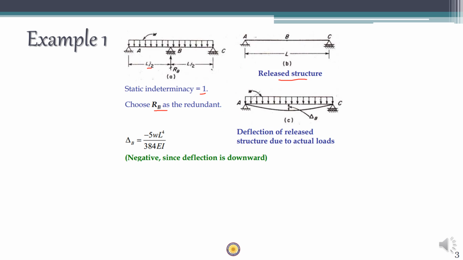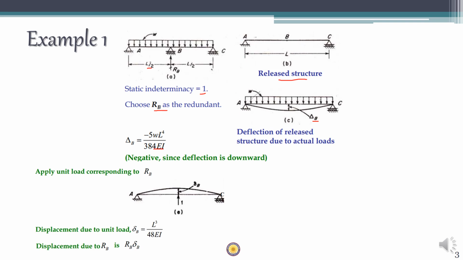So this delta B is marked as the displacement at the redundant location. Which is a well-known equation actually. So for a simply supported beam of span L subjected to UDL W, the displacement at the center, delta B, is going to be 5WL raised to 4 by 384EI. We give a minus sign because the downward deflection is taken as negative.